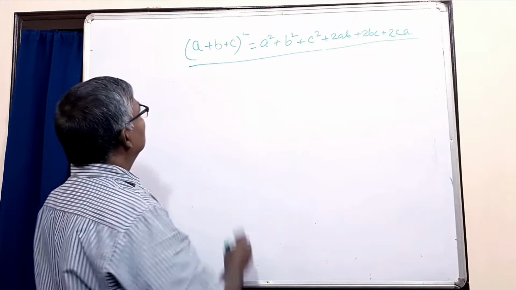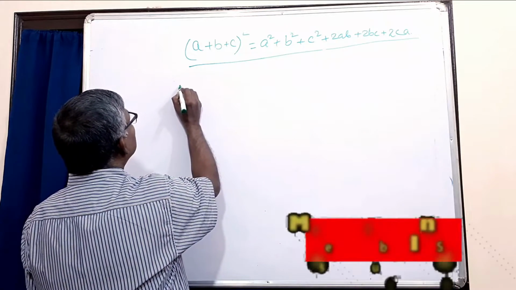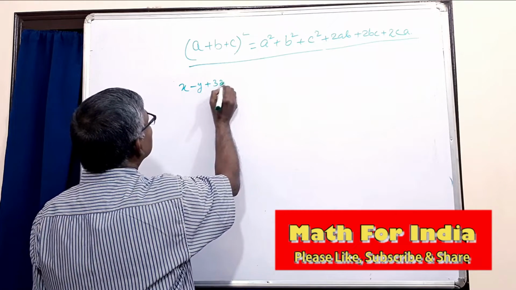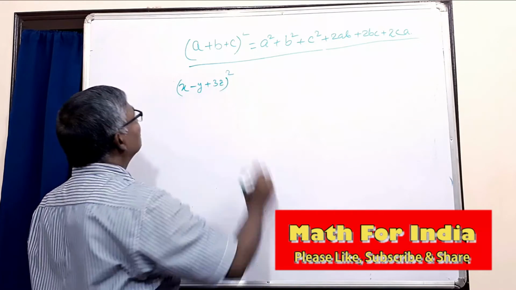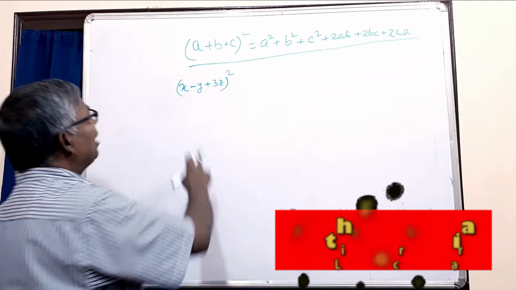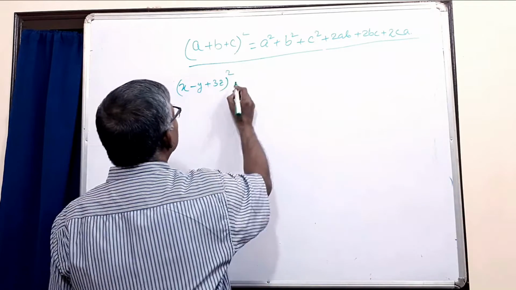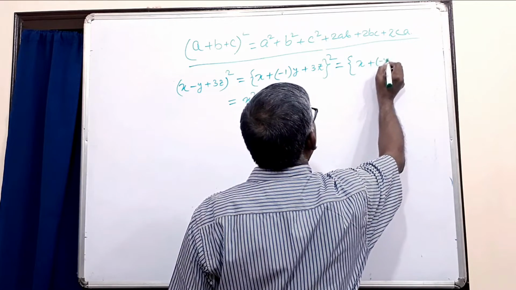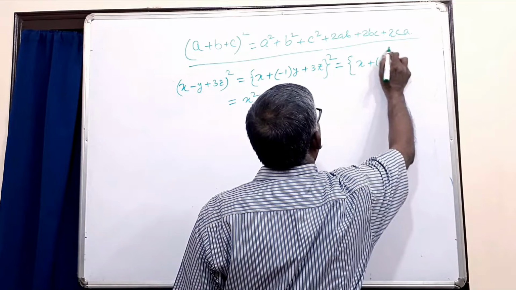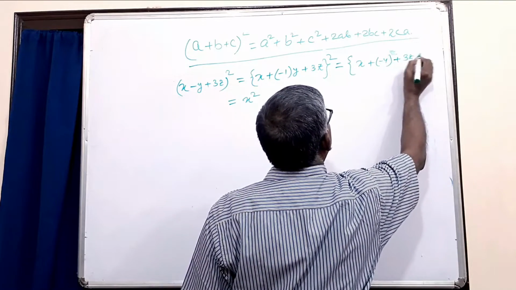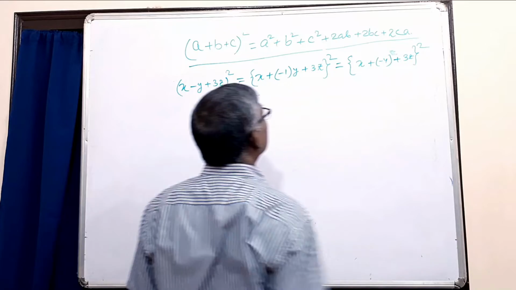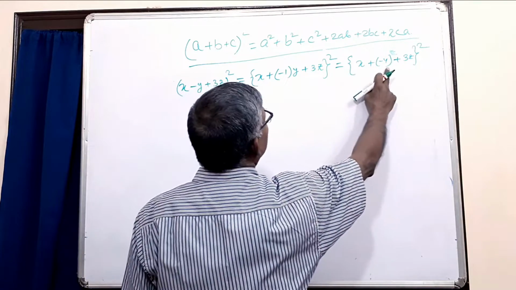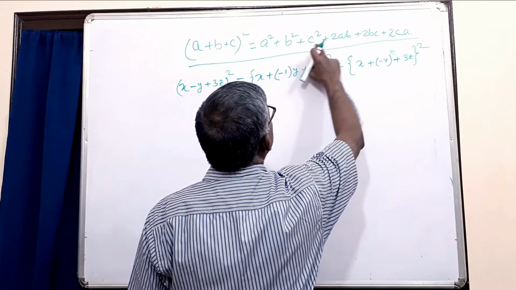Students, let us learn what is the value of x minus y plus 3z whole square. You simply apply this formula here. This term can be written as x plus minus y plus 3z whole square. So here is a, it is b, and it is c. Just simply put this formula.